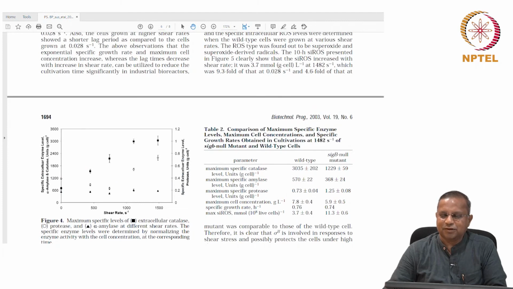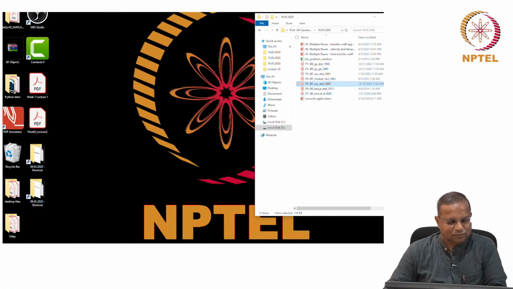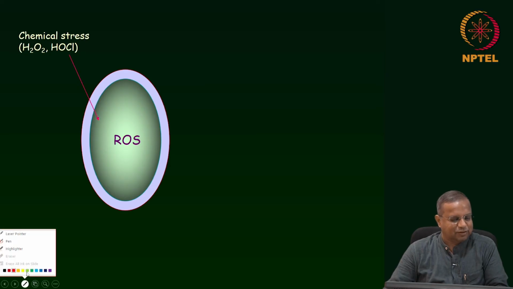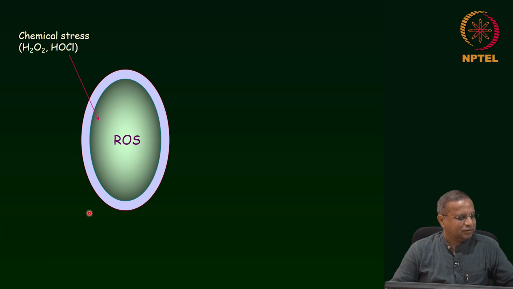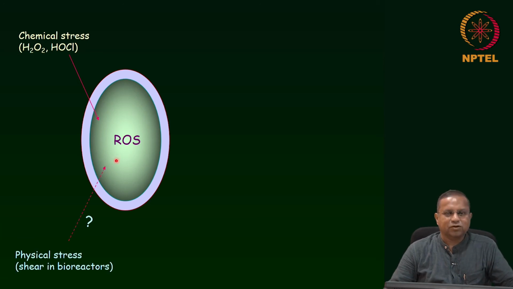Some results, let me show you as in that presentation that we were looking at. Let me close this now. Right. So, here this is the reason why we got into it. We wanted to look whether the reactive oxygen species mediate the effects of physical stresses.